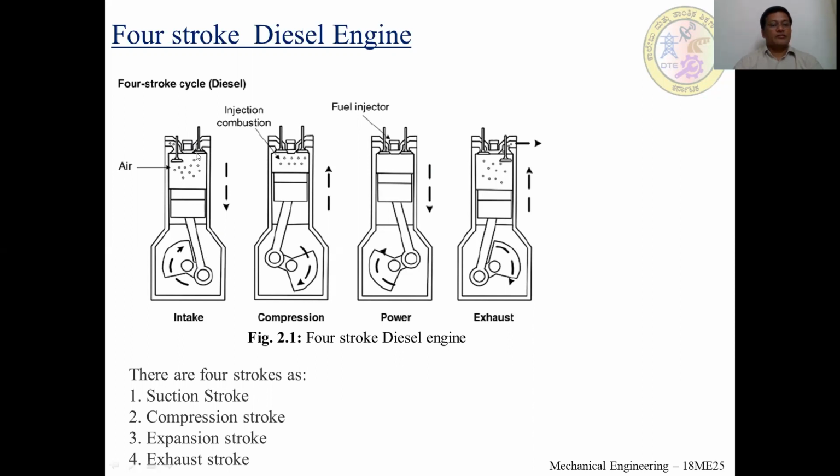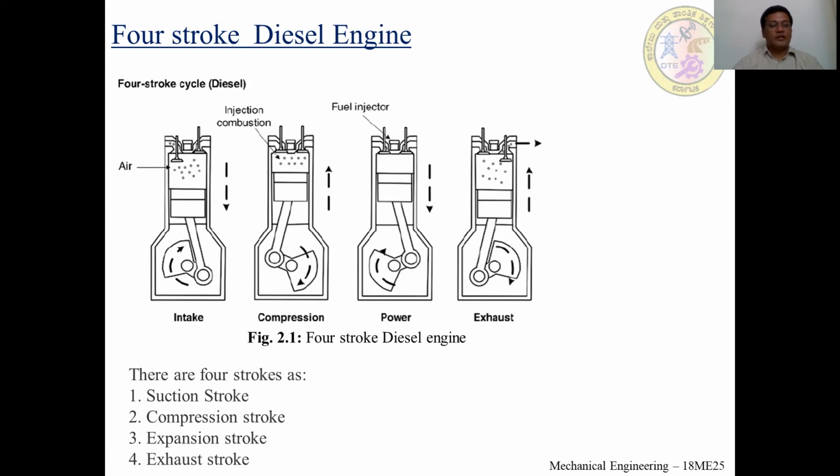After the piston moves from TDC to BDC, suction is created in the cylinder so that fresh air enters into the cylinder through the inlet valve. In this stroke, the inlet valve is open and the exhaust valve is closed. And when the piston reaches BDC, the suction stroke is completed. Okay, this is about the suction stroke.